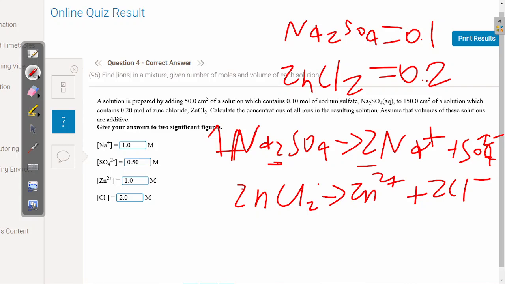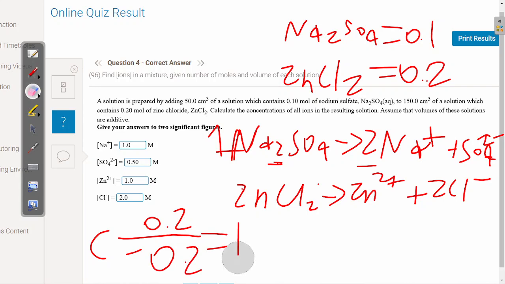So Na+ will have 0.1 times 2 moles, which is 0.2. So C equals 0.2 over the total volume. What is the total volume? 50 cm3 plus 150 is 200 cm3. 200 cm3 to liters or dm3, divided by 1000, will be 0.2. 0.2 over 0.2 will be 1. So it will be 1 molar.